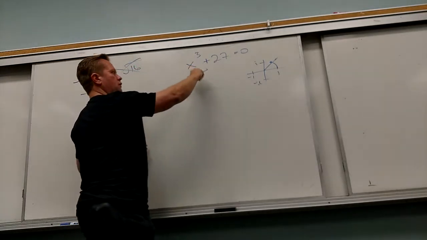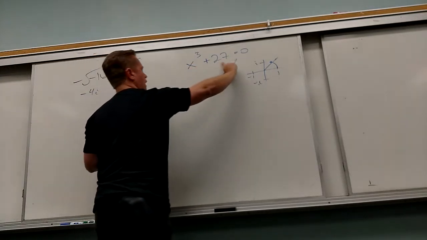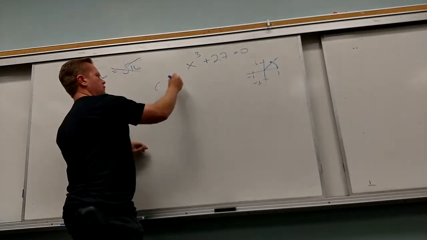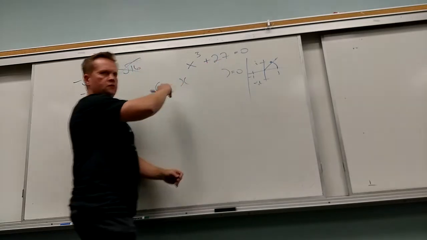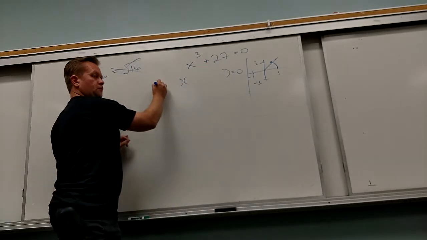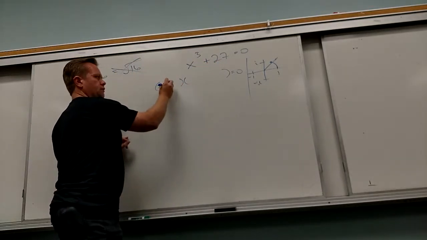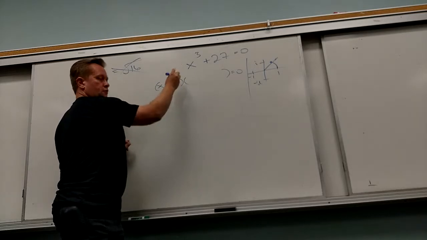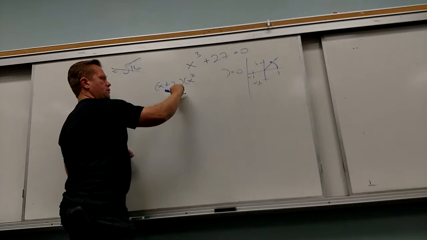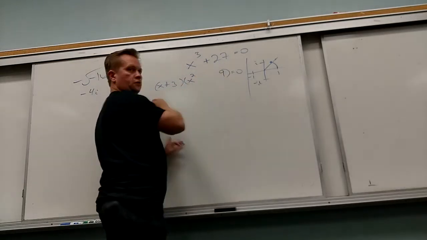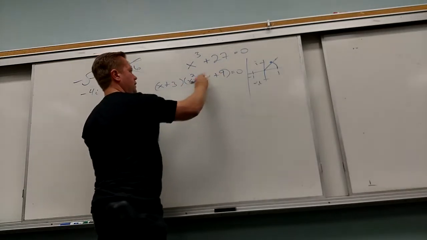So what do you really have to know for this problem? How do I factor this? We'll do big dude, little dude. It's cubes. What goes in the little dude? x plus 3. And then I need the other 2 x's and the other 2 3's. And then what's the middle sign?